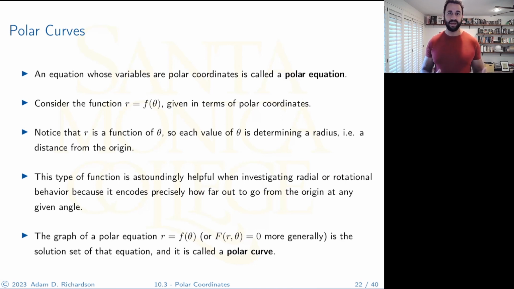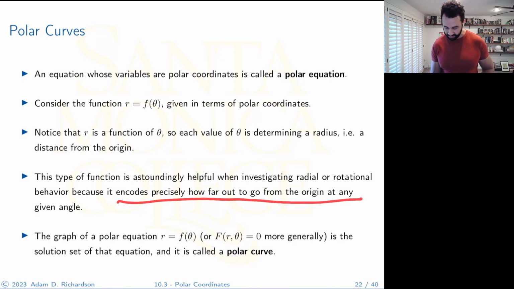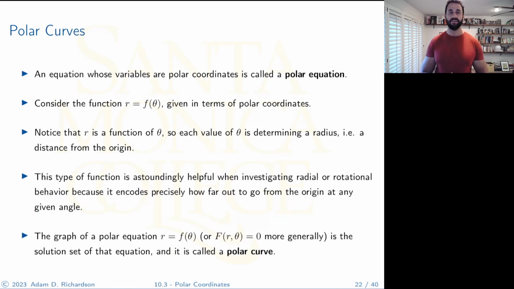So this is really, really nice because a lot of times you want to describe how far away something is given where it's swept out from a polar axis. It's astoundingly helpful when you're investigating anything that has radial or rotational behavior because it encodes precisely how far to go out from the origin at any given angle.